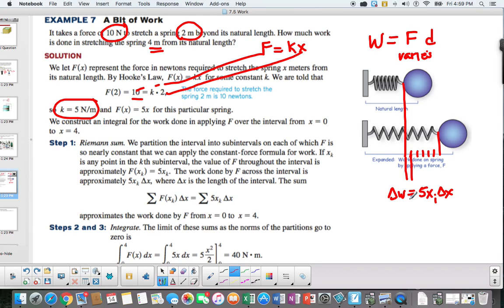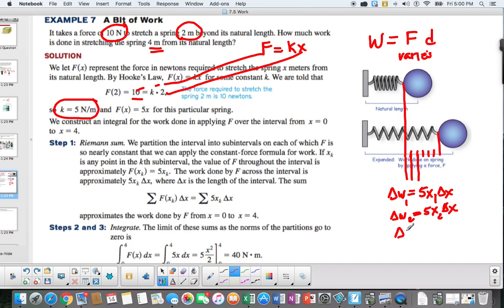Another piece of work from here to here will be 5 times x sub 2 times the little distance delta x. Again, 5x sub 1 represents an almost constant force because it's such a small interval that it doesn't vary too much.